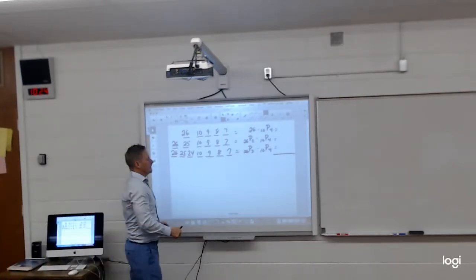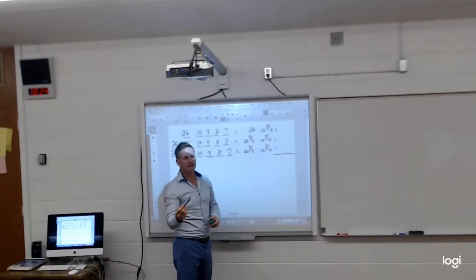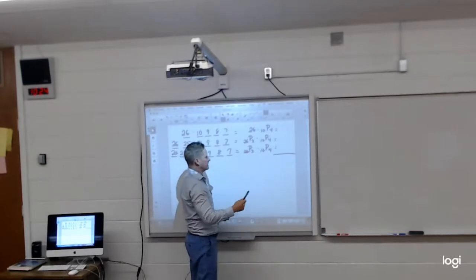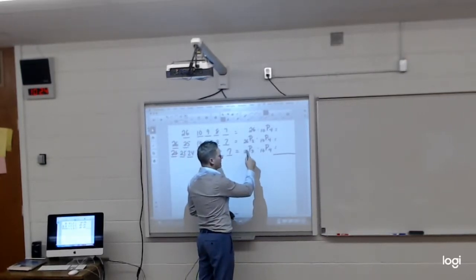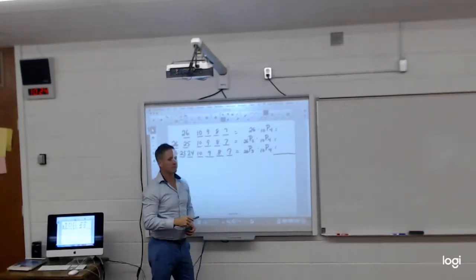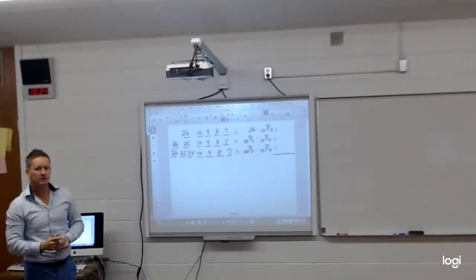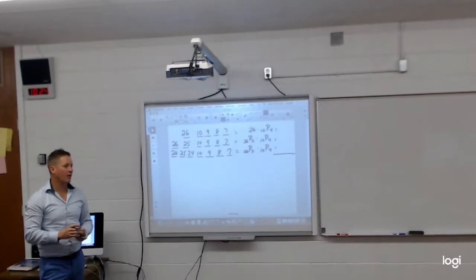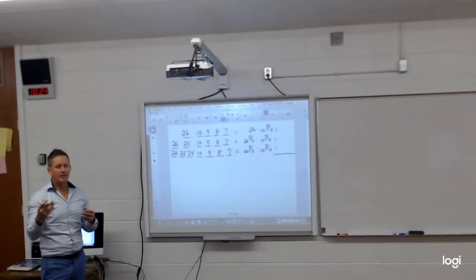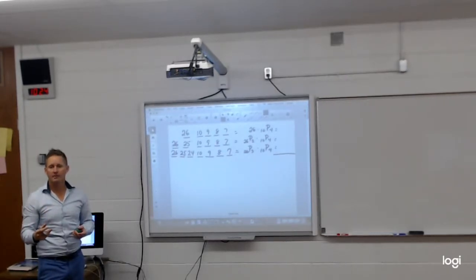When you're writing out NPR or NCR, which we're going to do after the next lesson, it's always going to be the higher number and the lower number. Calculator won't do it any other way. It'll give you an error otherwise. So you really cannot get that wrong, as long as you know how many objects you have total to select from and how many of those objects you actually need to select.